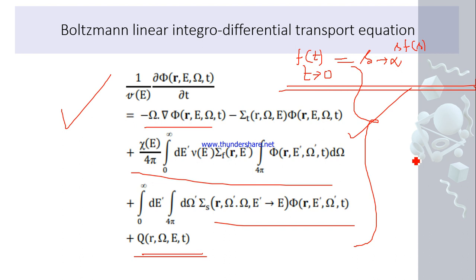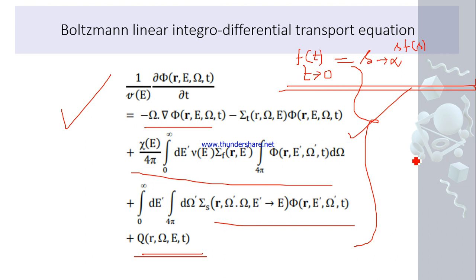So this is the theory, and the perturbation theory is from this equation only, this Boltzmann linear integral differential transport equation, Fick's law, and the concept of that solution. From there only the perturbation theory evolved.